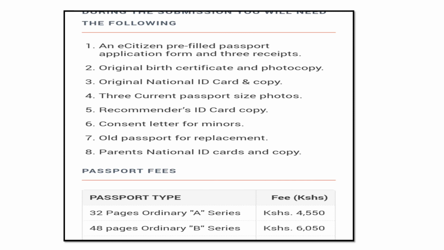Number 4, 3 current passport-sized photos. Go to any location, let them take you passport photos. Tell them you want photos specifically for the passport. Have 3 copies. Number 5, recommender's ID copy.